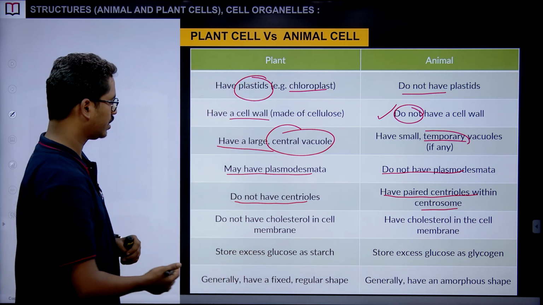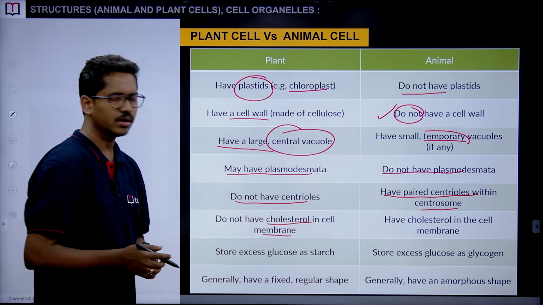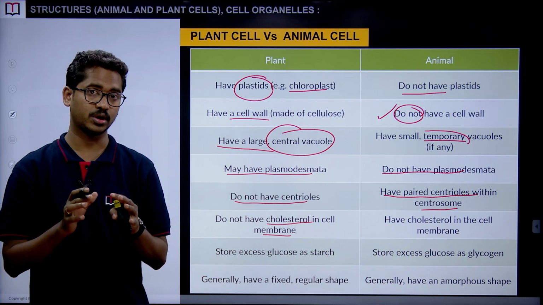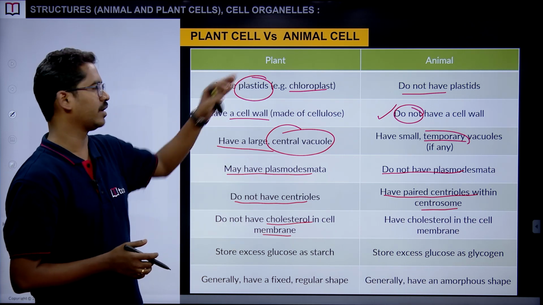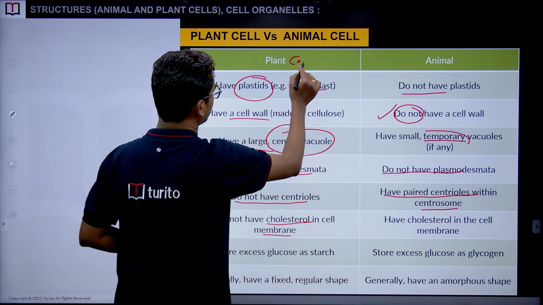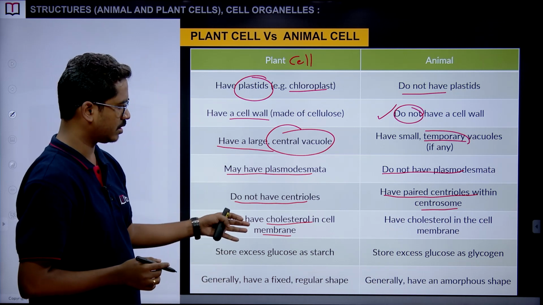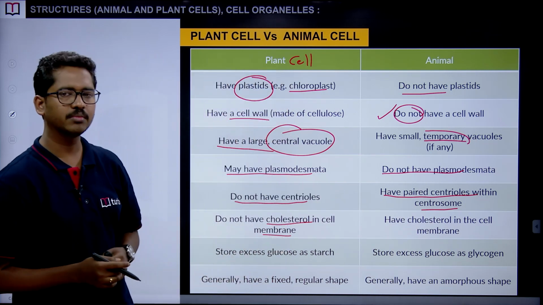And here you will not find cholesterol in the cell membrane of the plant cell. It is just mentioning cholesterol. You want to understand something here: cholesterol is present in the case of animal cells.